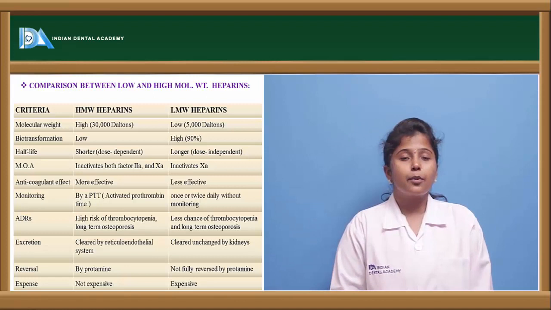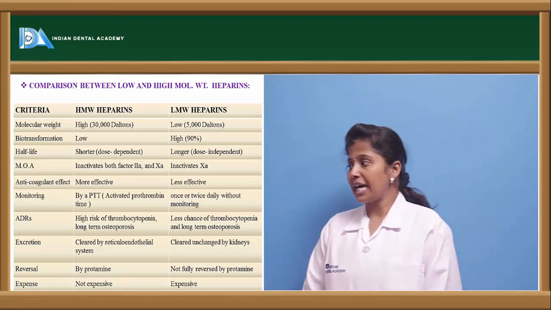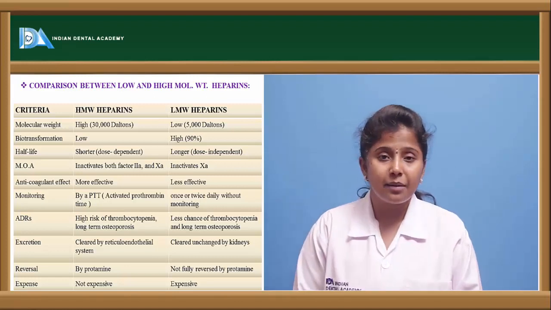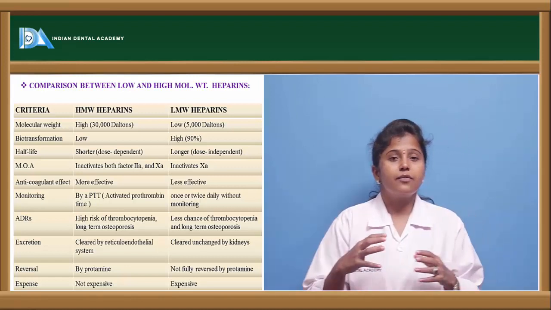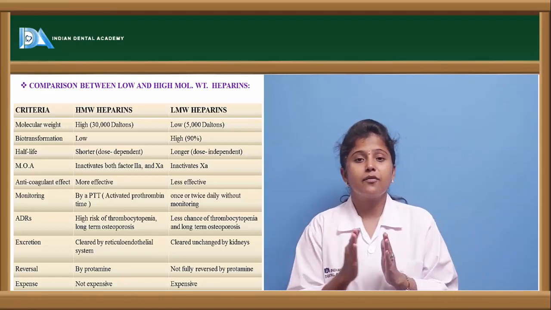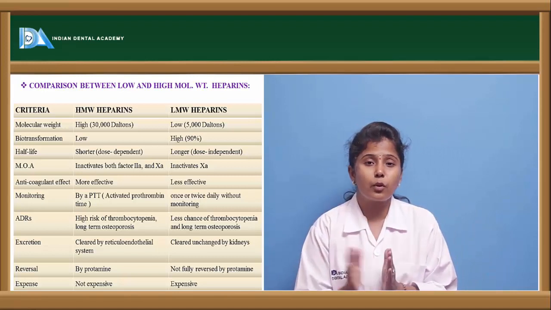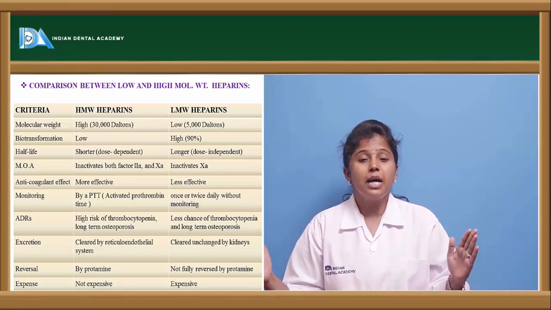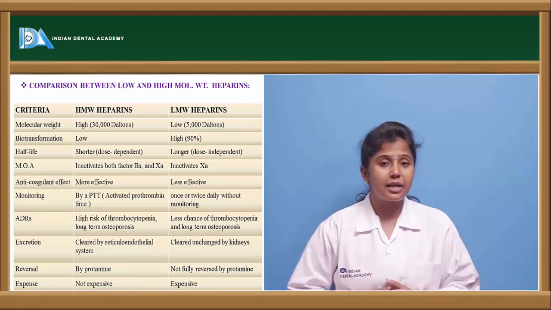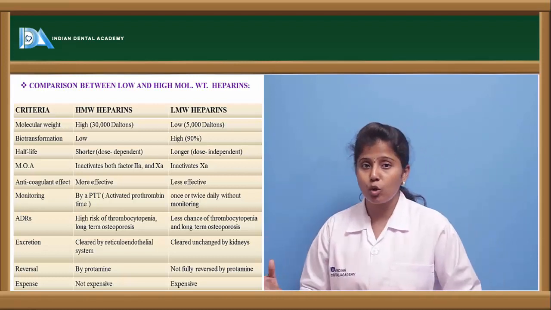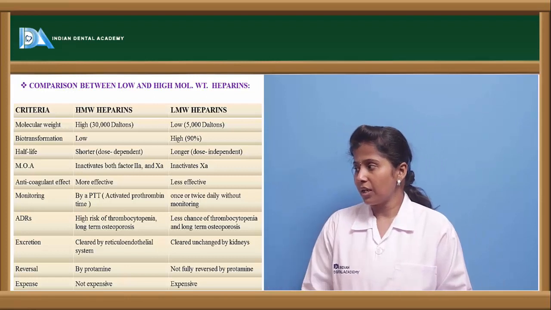And here the activated prothrombin time has to be monitored. See, the prothrombin time is the time for the conversion of prothrombin to thrombin, so this time, or the prevention of this conversion time, should be monitored while giving these low molecular weight and high molecular weight drugs.